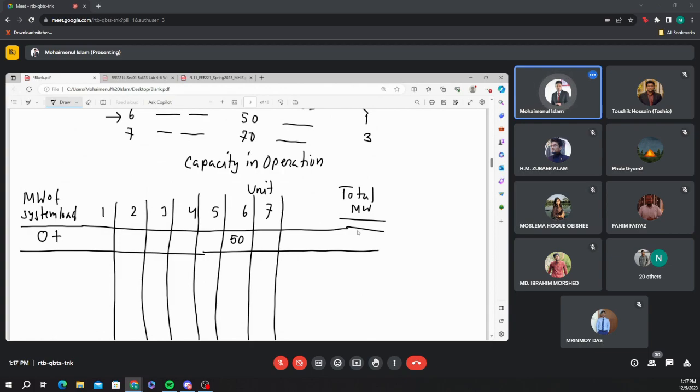As load is dynamic, load will frequently increase, or it will increase within a very small amount of time. So keep in mind, if you turn on the first generator, considering up to 50 megawatt, the load will increase very swiftly. So at that time, you should have another power plant in running condition, so that you don't need to worry about frequently turning on another generator.